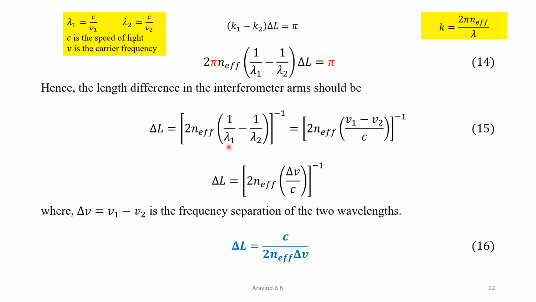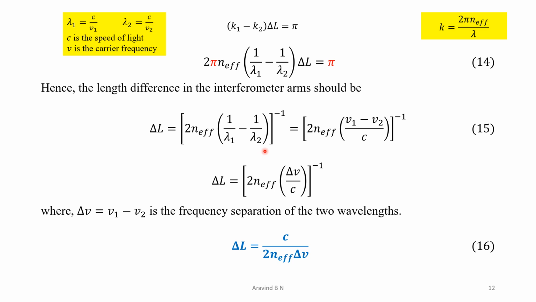Now identifying lambda 1 and lambda 2 and replacing them by equivalent values, lambda 1 can be given as c divided by v1. Similarly, lambda 2 is just c divided by v2, where c is the speed of light and v is the carrier frequency. So we are replacing lambda by the corresponding c by v.